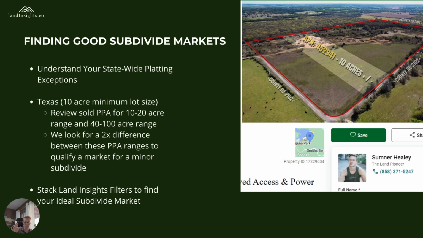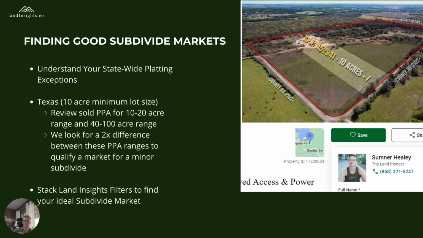So let's say you chose Texas and you want to do a subdivide of a big piece into a bunch of 10 acres. So the way you can use Land Insights with their pricing data to find a good market to do that in is you would want to review the sold price per acre for 10 to 20 acre ranges and 40 to 100 acre ranges. Ideally, you want to see a big difference in the price per acre between those 2 acreage ranges.